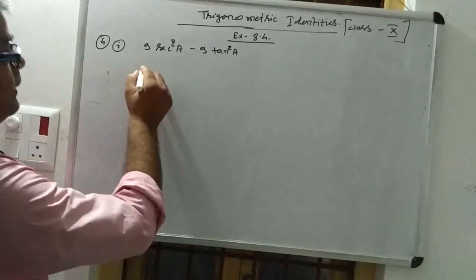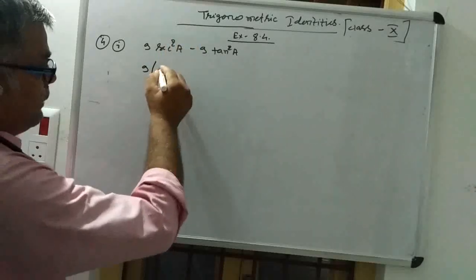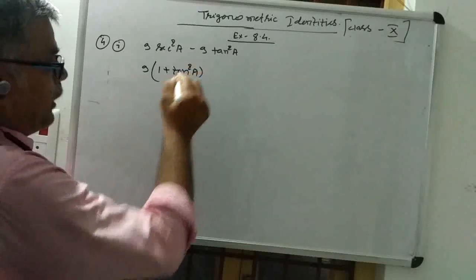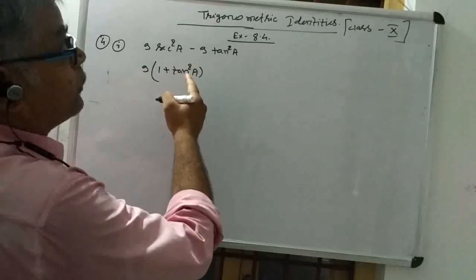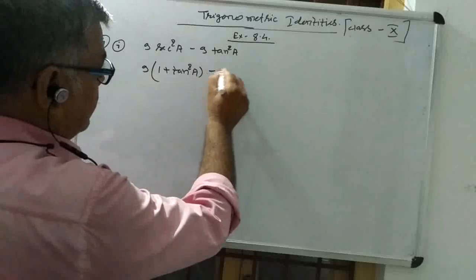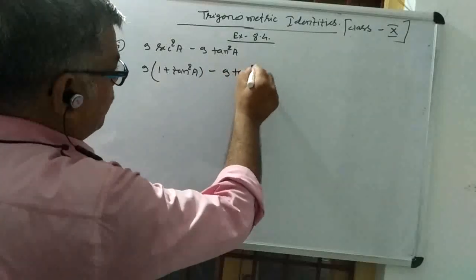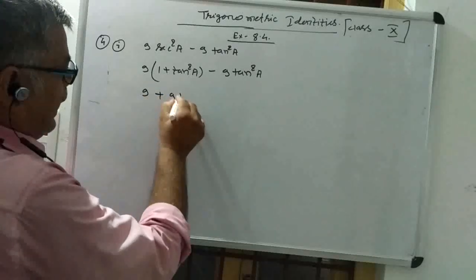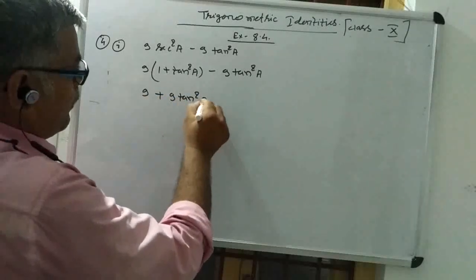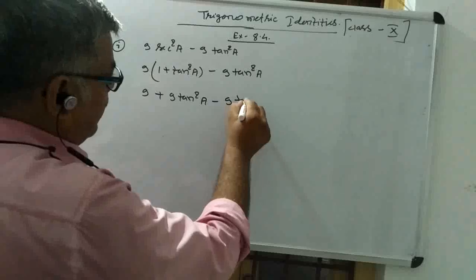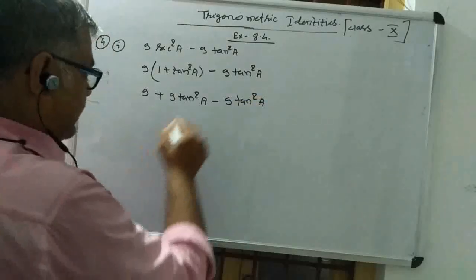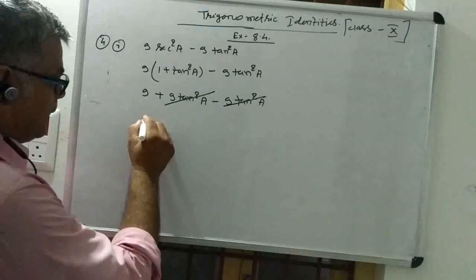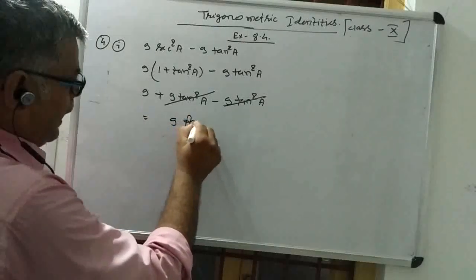You can write 1 plus tan square A in place of sec square A, because we know that sec square A equals 1 plus tan square A, minus 9 tan square A. So simplify it: you can write 9 plus 9 tan square A minus 9 tan square A. This plus 9 tan square A minus 9 tan square A will get cancelled, and 9 is your answer.